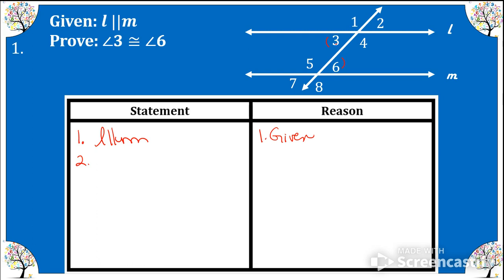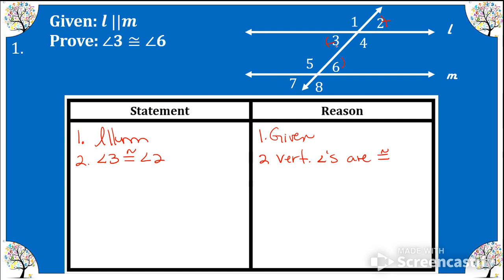So I do know that angle 3 and angle 2 are congruent because they are vertical. So let's say angle 3 is congruent to angle 2 because vertical angles are congruent, and I'm going to abbreviate. I could have gone several different ways to prove angle 3 and 6, but this is the direction I'm taking.